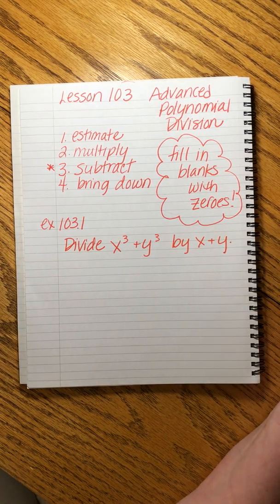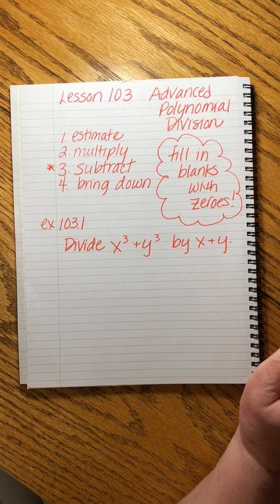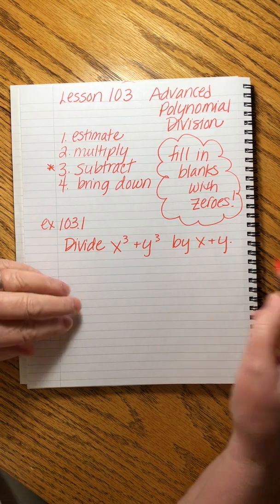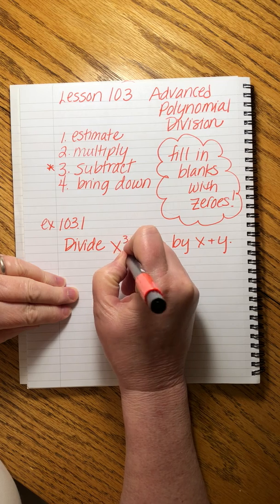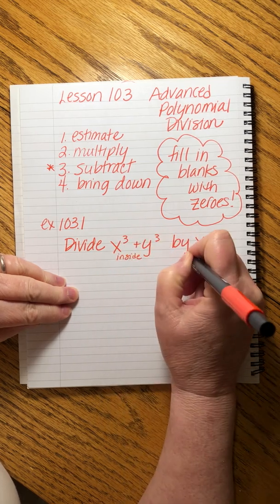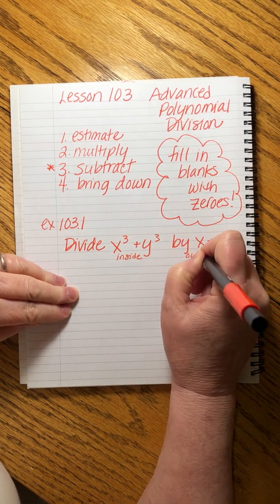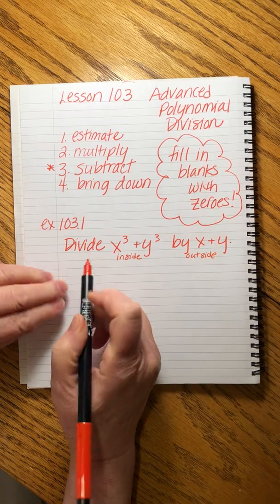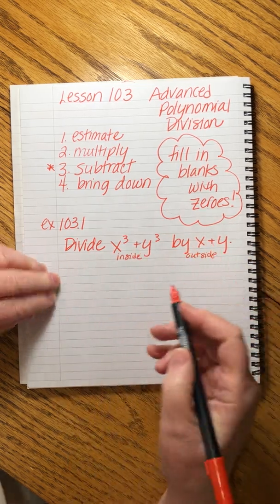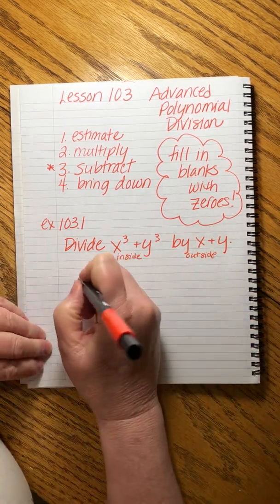Okay, now we know we're going to use a division box, right? The old school little thing that you started learning in 4th grade. This is the number that goes inside, and this is the one that goes on the outside. Divide the inside number by the outside number. So we go to set that up.